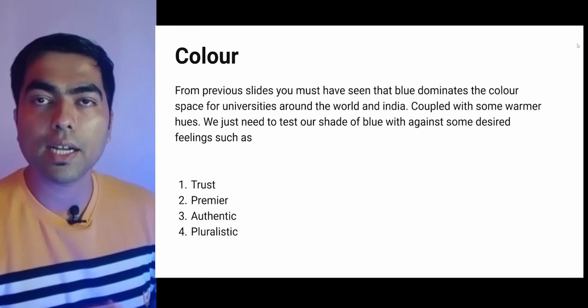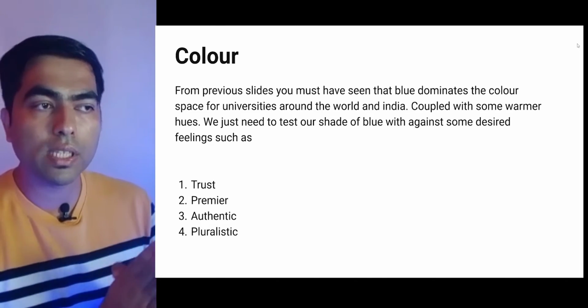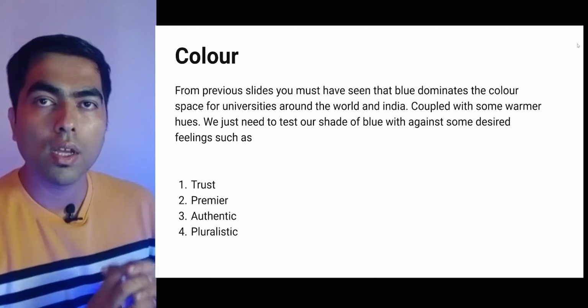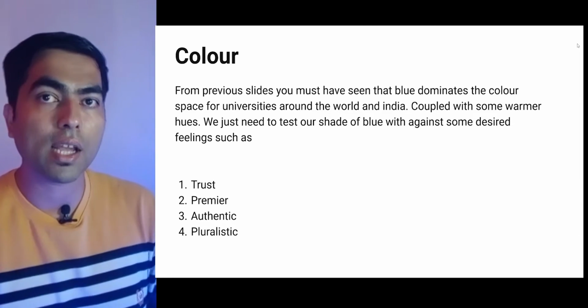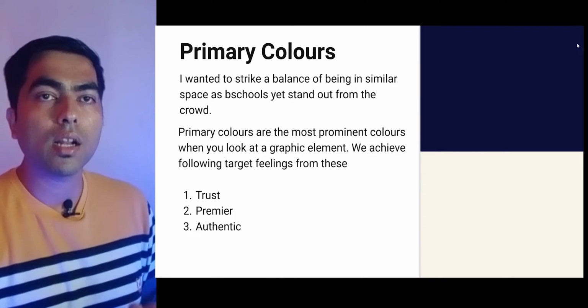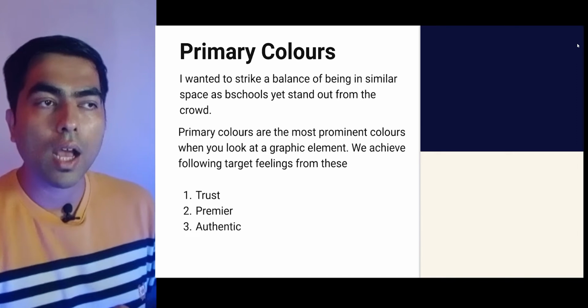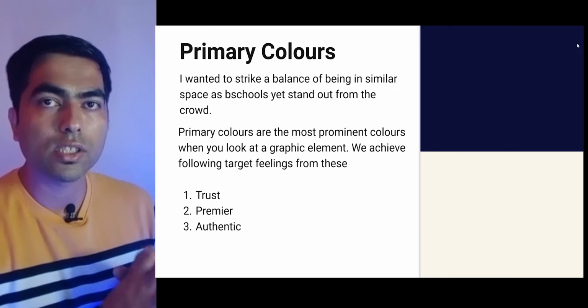These are the things that you want to check when you select, and for different brands, these things could differ. So you have to really sit down with the stakeholders and check what are the values that you want to convey. Next, the colors I selected were deeper blue and ivory white. I wanted to convey a sense of premiumness.